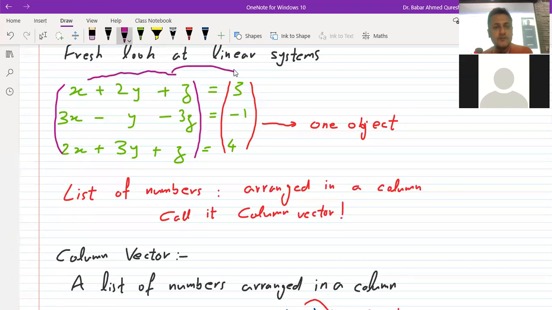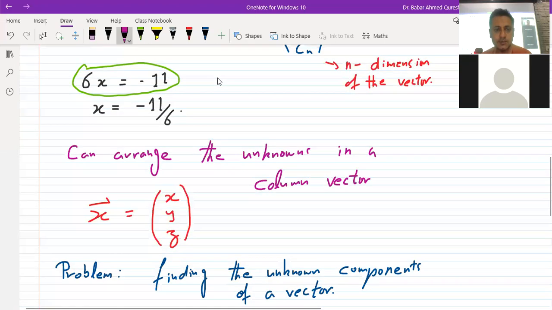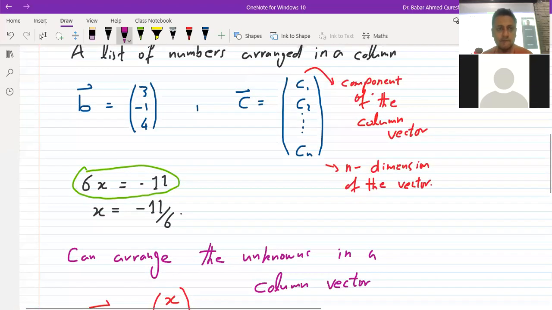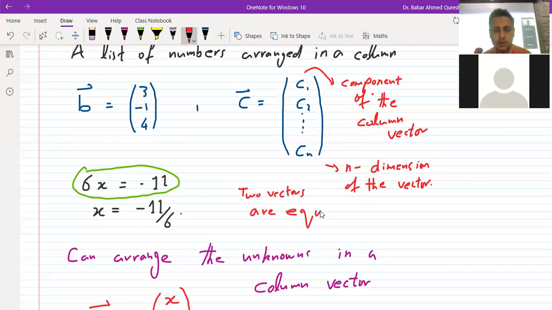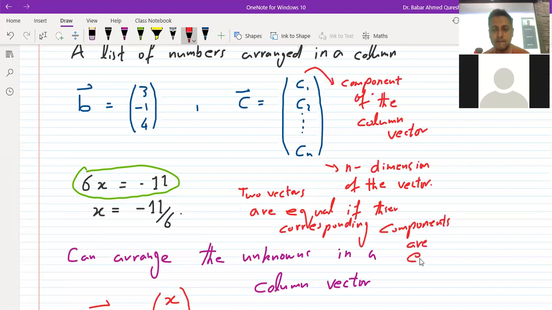And this component should match with this component if the two vectors are equal. So maybe I should write it over here. Two vectors are equal if their corresponding components, not random, if their corresponding components are equal.